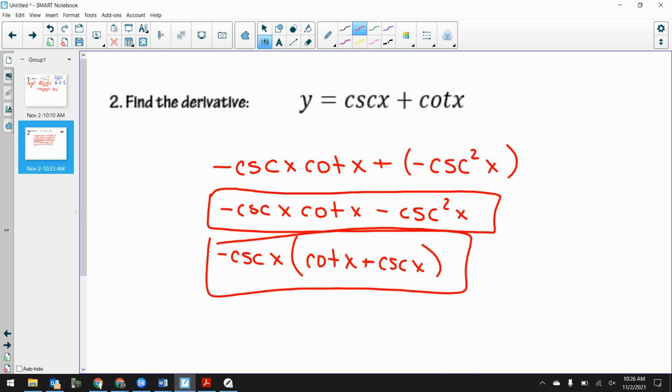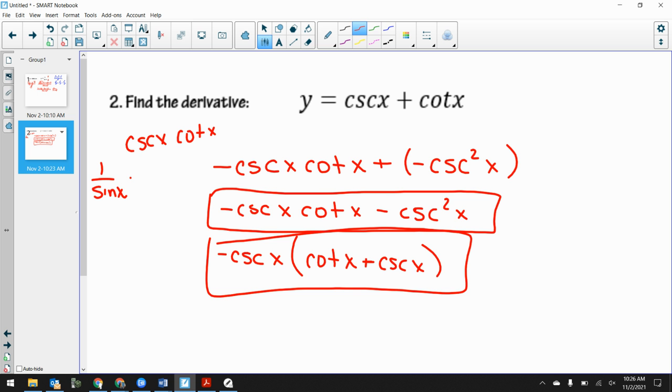The one thing why I was questioning myself, because the one thing that I thought I may have been able to reduce down right away was this piece in here, cosecant x, cotangent x. Because cosecant is 1 over sine, right? And that would have been 1 over sine x times cotangent.